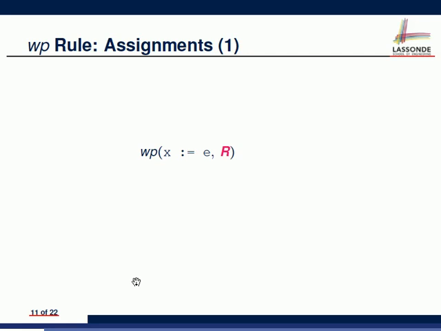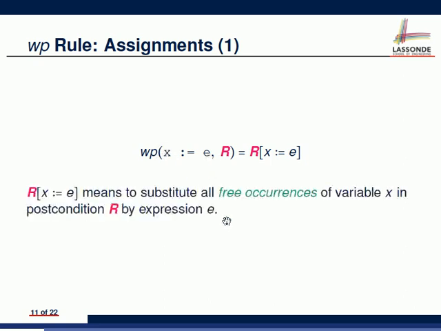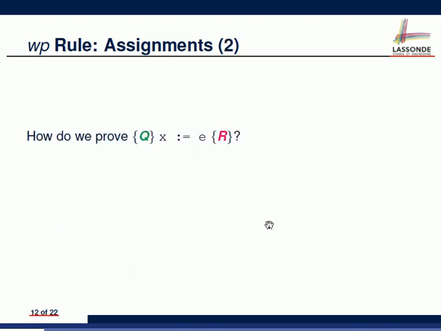So now, this is what it should be systematically. That means, let me explain to you what this means. That means whatever postcondition you have, you're going to replace every occurrence of the variable that's being assigned to by its new value, which is the expression. Okay? So you can read it, but let's just see an example here.